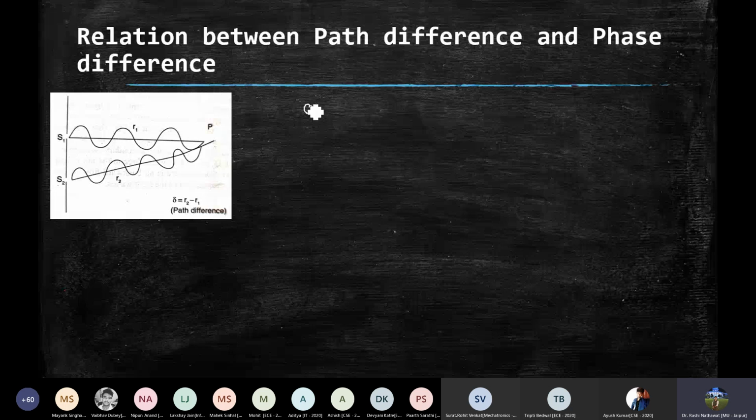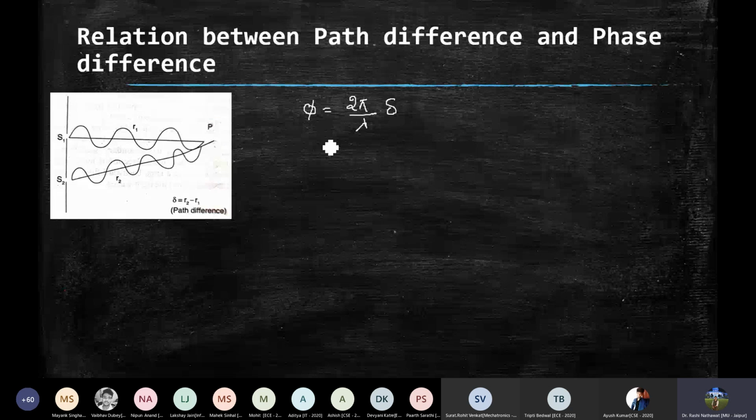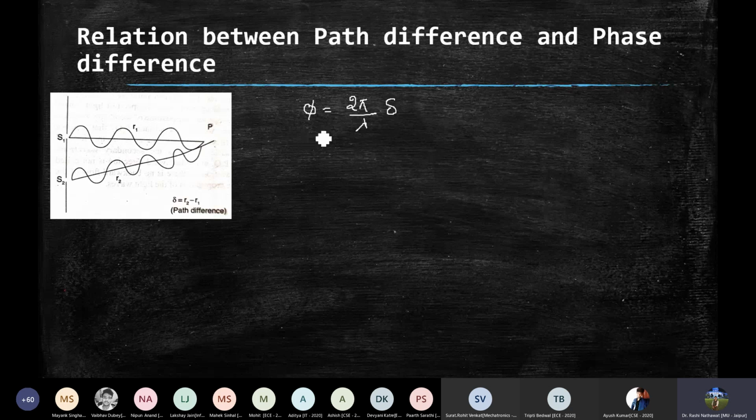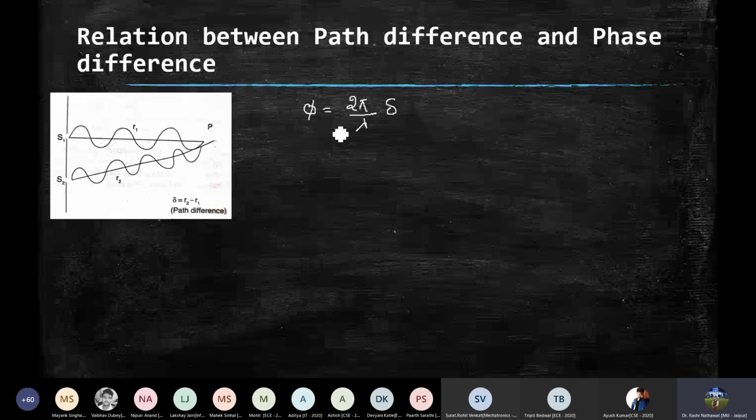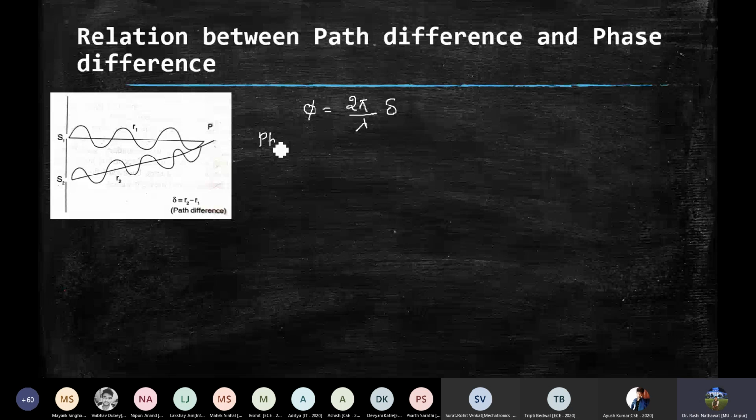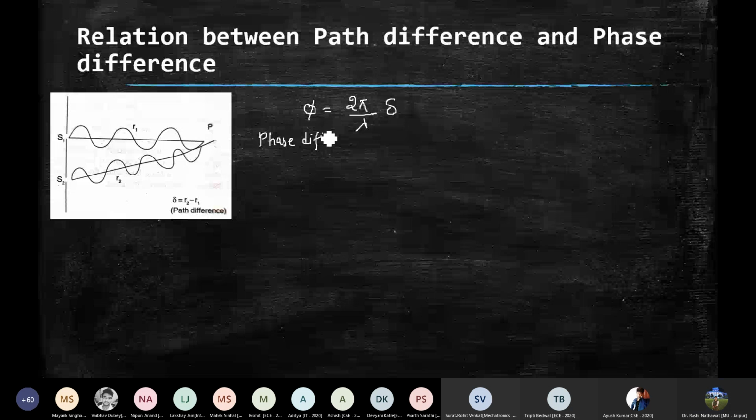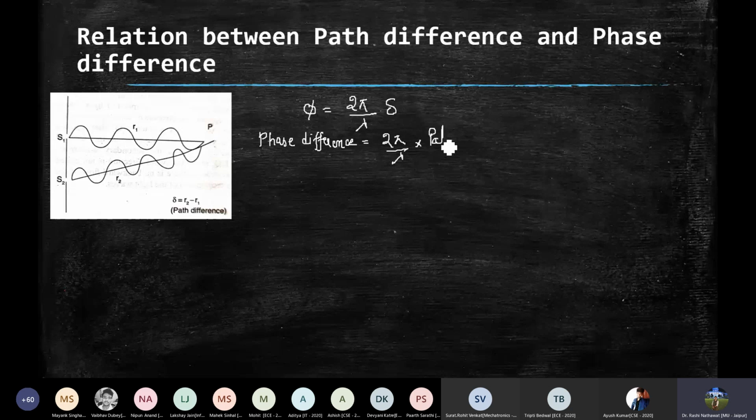If the phase difference is phi, we can represent the relation between phase difference and path difference as 2 pi by lambda into delta. Here, this is the phase difference and this is the path difference. Let me write it here also. Phase difference equals 2 pi by lambda into path difference.